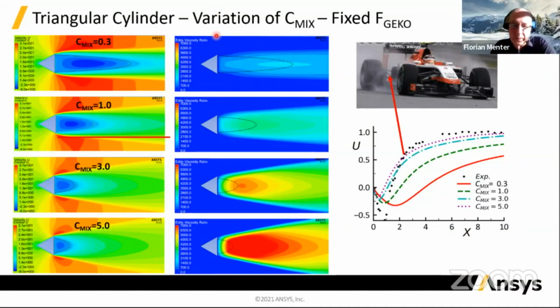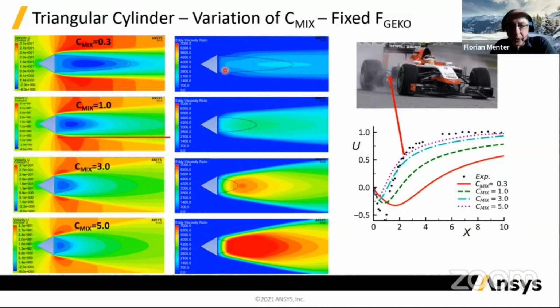And you can see that here with the turbulent viscosity ratio, which is of the order of maybe 1,000 here, maybe 1,500, and then you can increase that, and it goes up all the way to several thousand ratio values here, and that causes this reduction in the separation bubble.